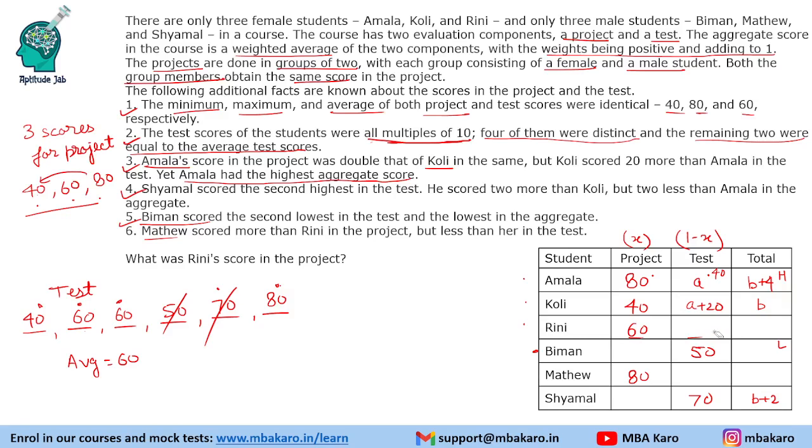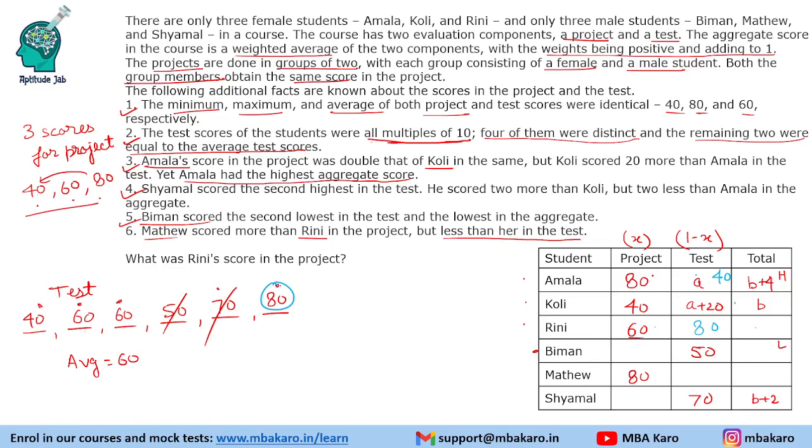We are given that Matthew scored more than Rini in the project, less than her in the test. So suppose we give 80 to Rini. A and A plus 20, that means A is 40. Now Rini has the highest total.